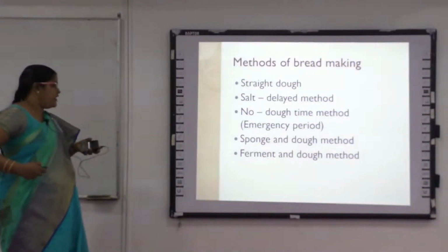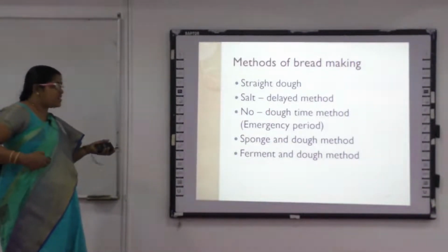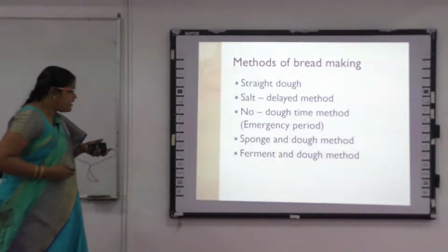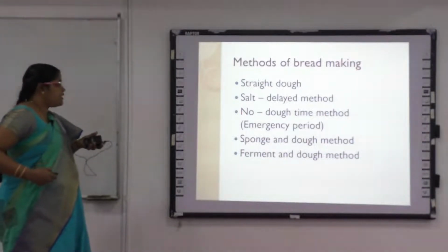The quality will be improved by adding the starter culture, that is, previous lot dough, to a fresh one, whereby the fermentation time will be reduced. This method can be used during an emergency period.